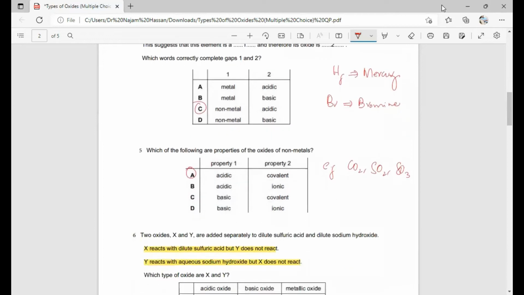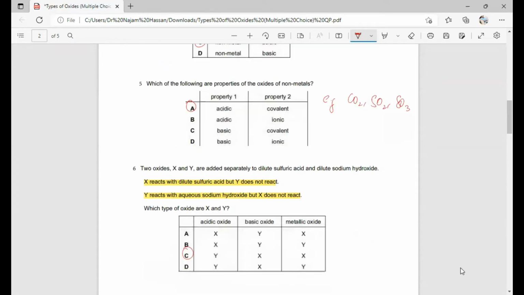Now in question number 5, asking which property of oxides of non-metals, definitely acidic properties and covalent bonding. And remember that ionic compounds form basic oxides.